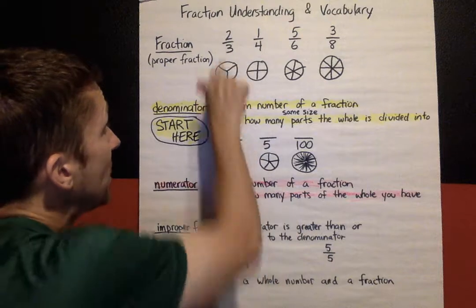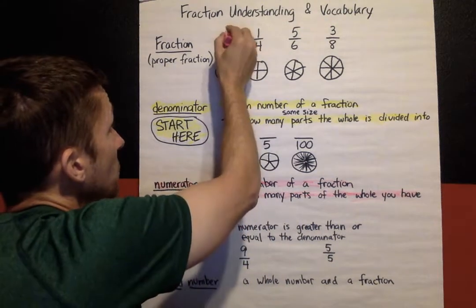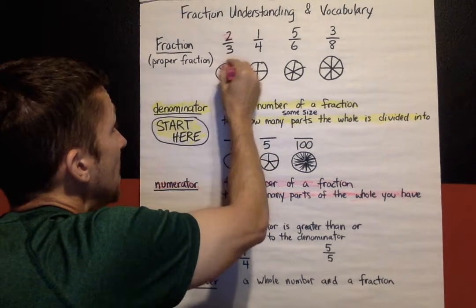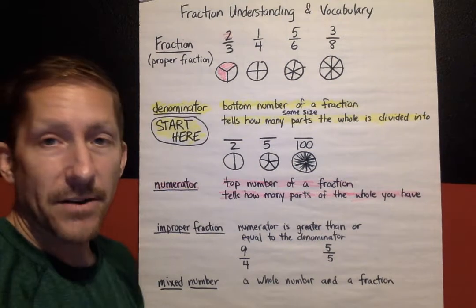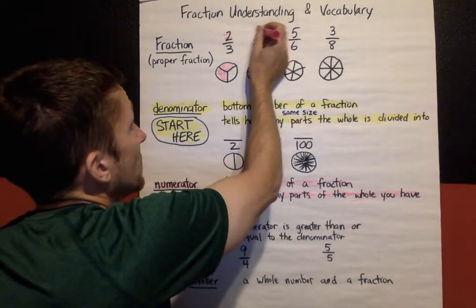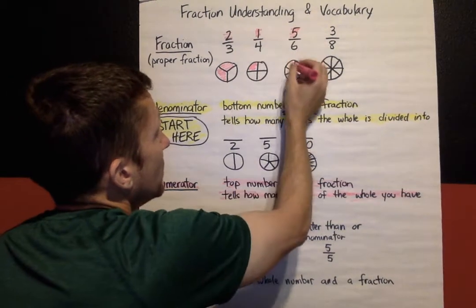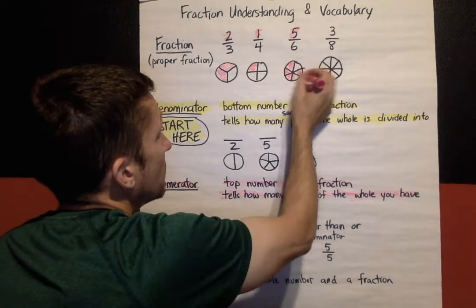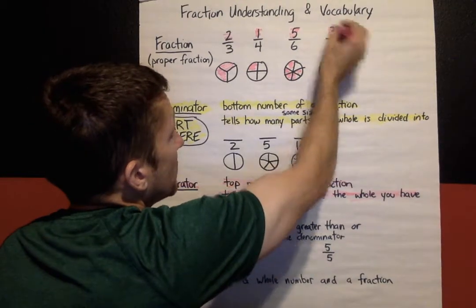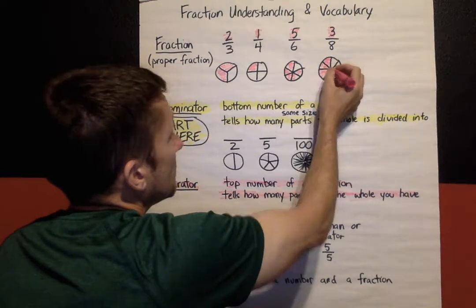I'm going to go back to my examples up here. So the numerator of 2 means I've got 2 slices. That's my model for 2/3. For 1/4, 1 slice here, I'm only going to shade in 1. For 5/6, I'm going to shade in 3, 4, 5. For 3/8, I'm going to shade in 1, 2, 3.